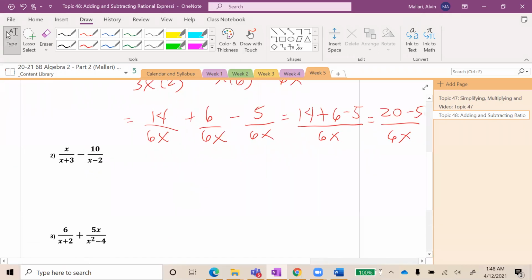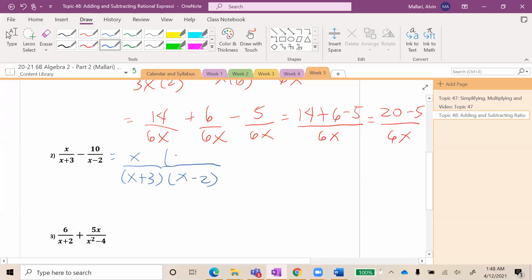Now let's work with the second problem. We have x over x plus 3 minus 10 over x minus 2. Now, the LCD here would be x plus 3 multiplied by x minus 2. So the first group already has x plus 3. All we need is x minus 2.